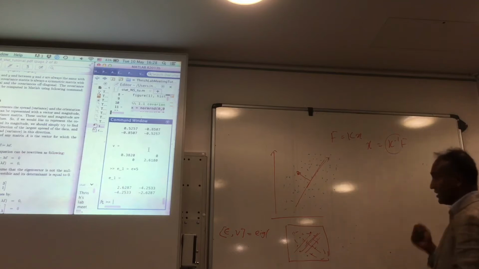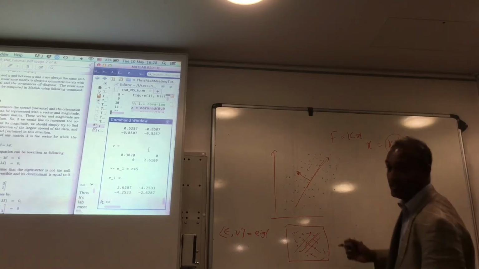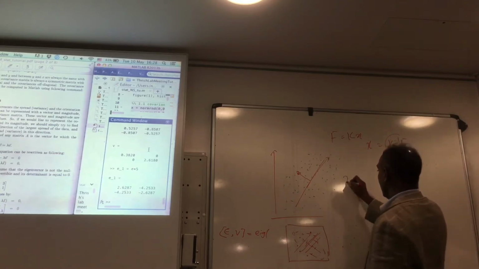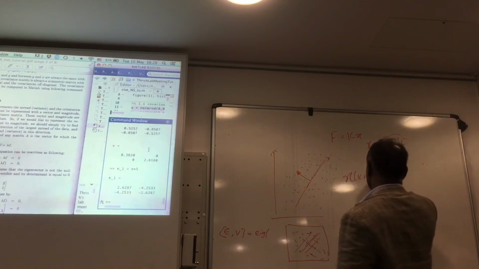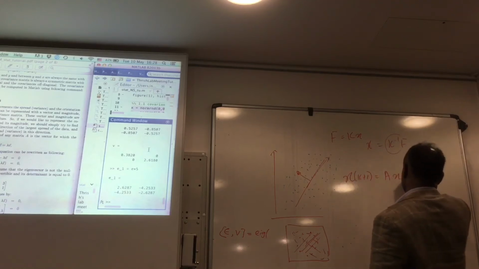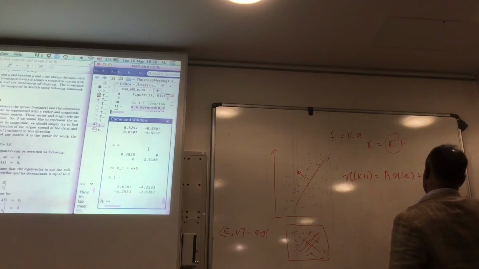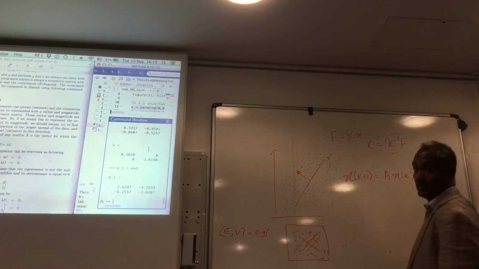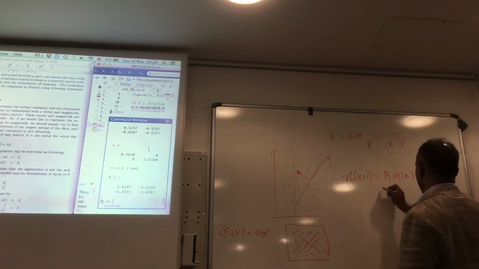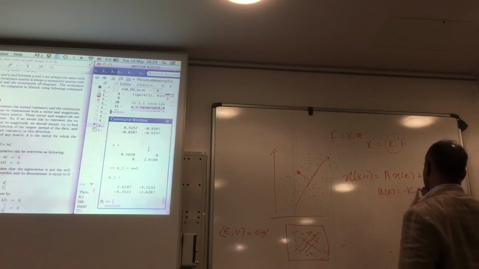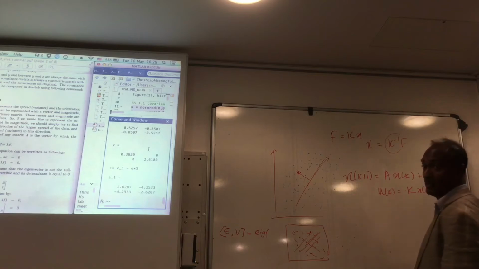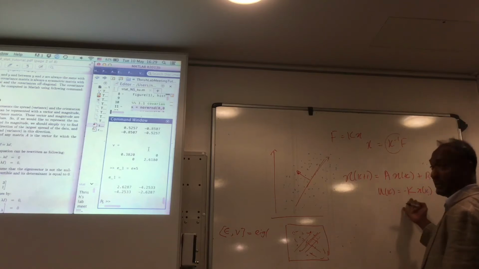So in a dynamic system, let's say take a discrete dynamic system. Right? xk plus 1 equals axk plus buk, right? And then you have a control law saying uk equals minus k xk, right? State feedback.